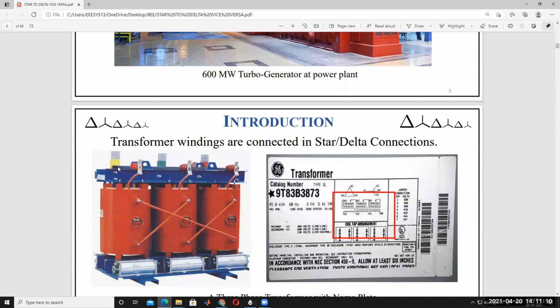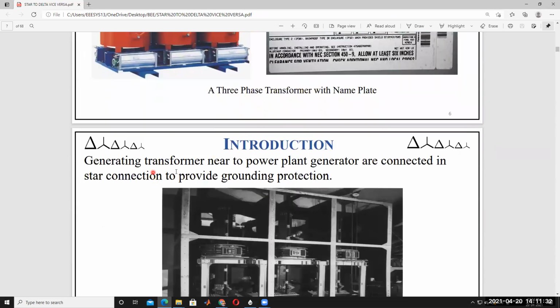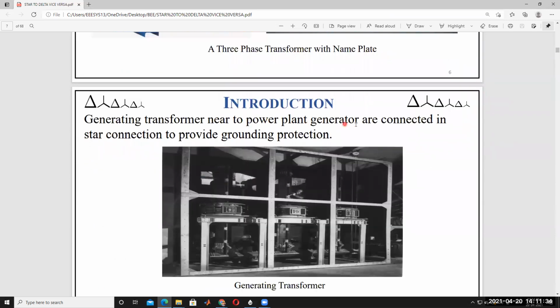And the transformer windings are connected in star or delta connections. The primary and secondary windings of the transformer are connected in star or delta. Also, generating transformers near power plant generators are connected in star connection to provide grounding protection.